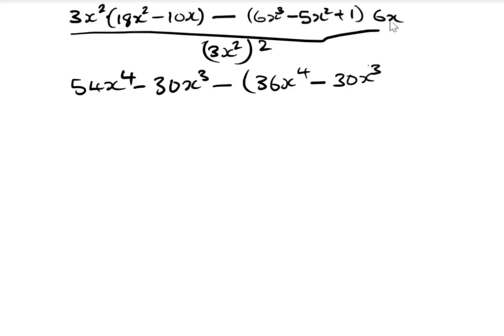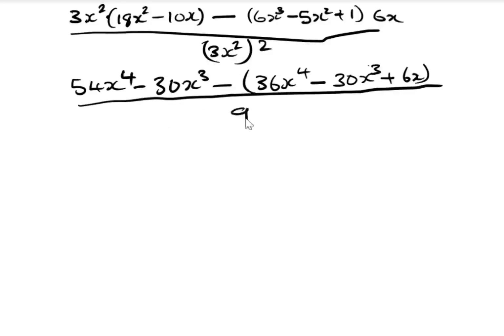Then 6x multiplied by 1 will be plus 6x, divided by 3x squared all squared, which will be 9x power 4.